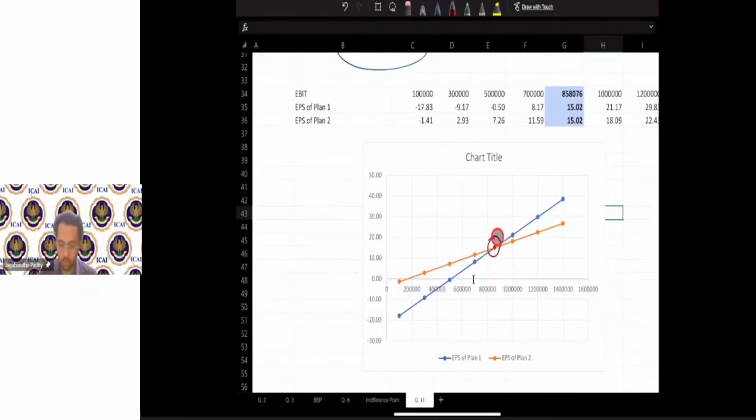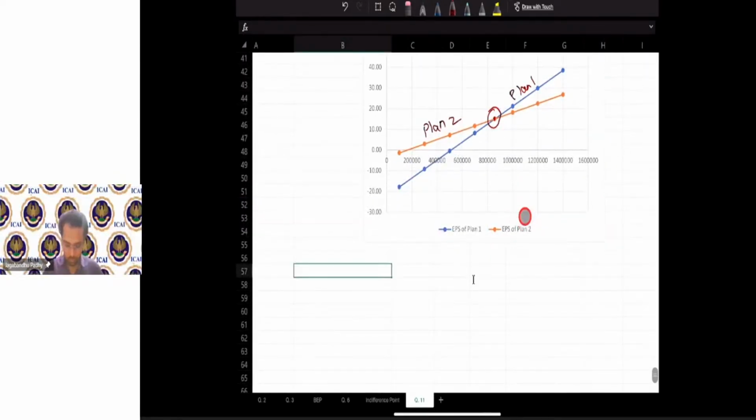And what you can say is, when your EBIT level is below this indifference point, plan 2 is dominating. Whereas the blue line, which is plan 1, dominates after the indifference point. So before the indifference point, plan 2 is better. After the indifference point, plan 1 is better.